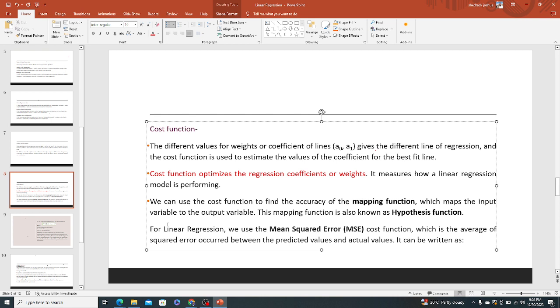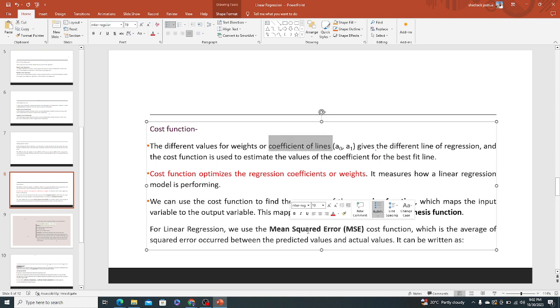So for linear regression, we use this cost function to optimize the coefficients, all the weights.